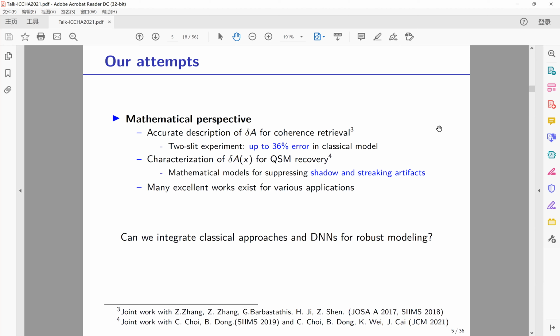In fact, there are many works along this direction. One is that we can unroll optimization algorithms and formulate them as a deep network, and then apply end-to-end training to get our results.